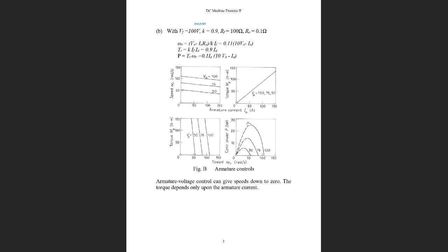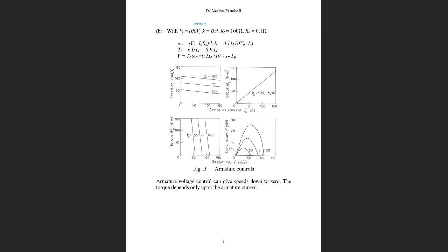And this is the power curve. Different from case 1, the power increases at the beginning with the speed, then decreases with speed. At a certain level of speed, the developed power of the motor reaches a maximum.